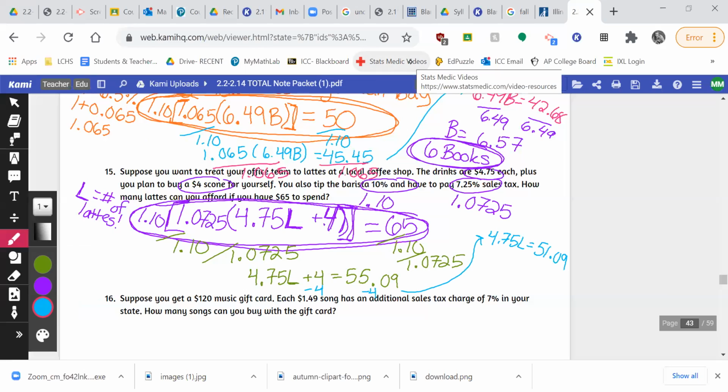So divide both sides by 4.75, and you get 10.75. Now remember that you want enough money, you don't want to be short. So this would be 10 lattes.